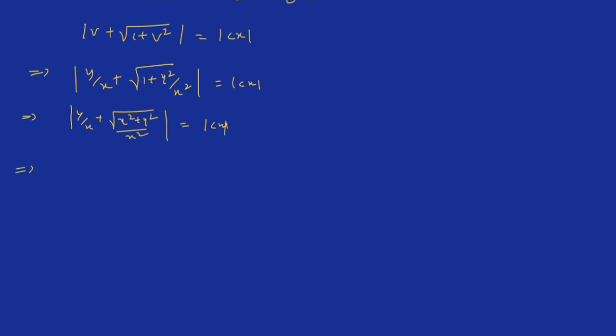Which implies y by x plus, if we take x outside, 1 upon x times root of x square plus y square equals cx.